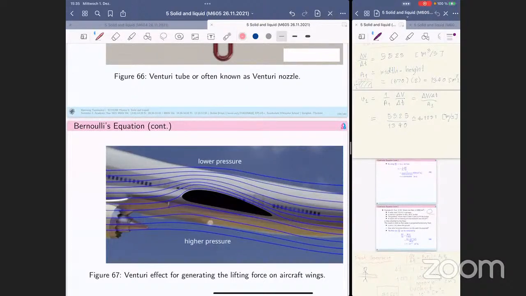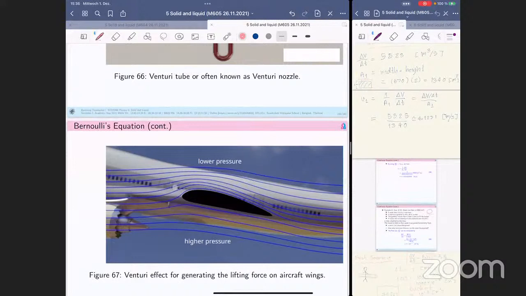The speed of the air would be higher in this area because you have more distance for the air to travel. Here you have a shorter distance for the air to travel.